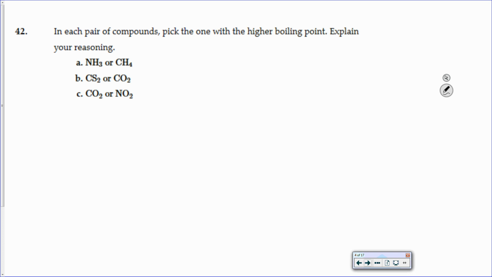Just looking at these pairs, choose the one that's going to have the higher boiling point. We'll talk through these and try to figure them out. So the first one has NH3, which is an AB3E1, so it's trigonal pyramidal, versus methane, CH4, which we said was tetrahedral. We've already done something like that.